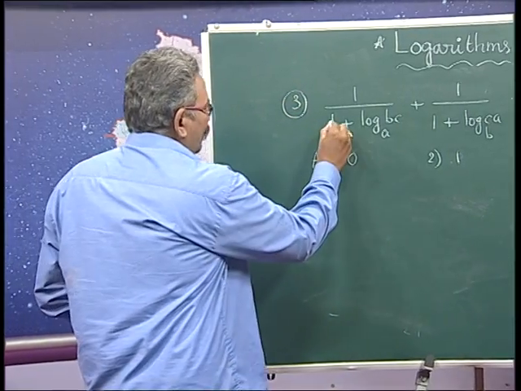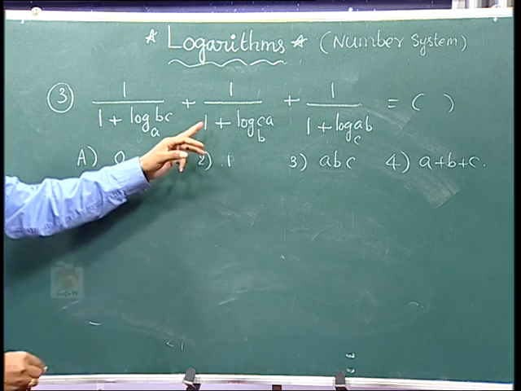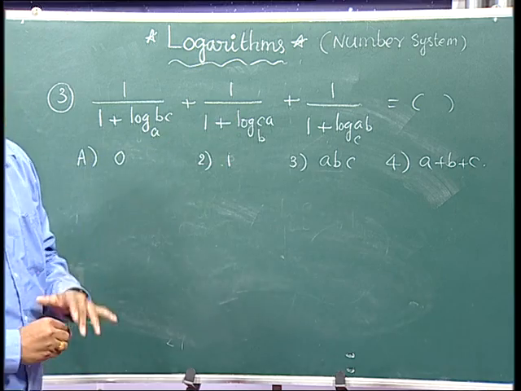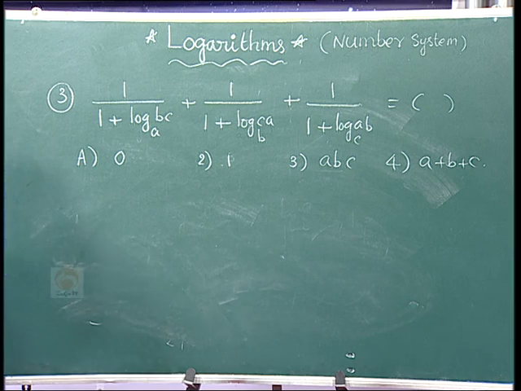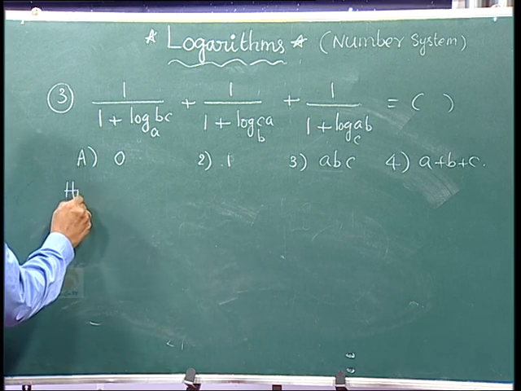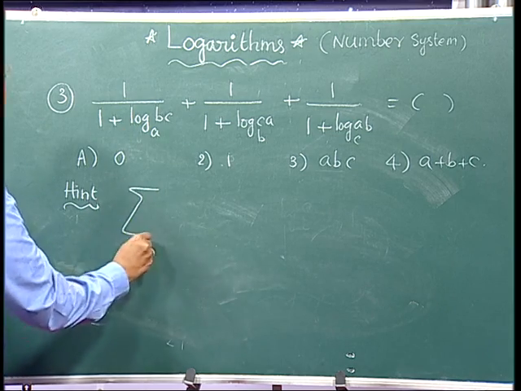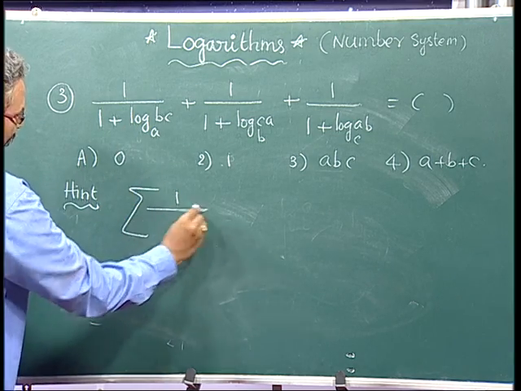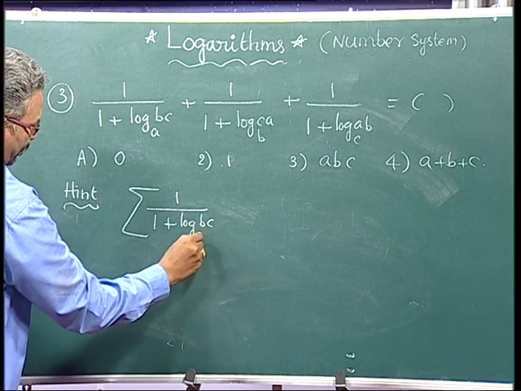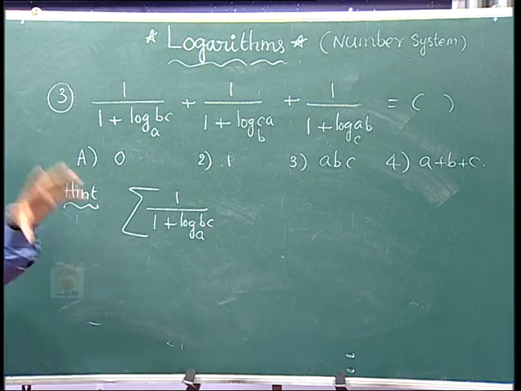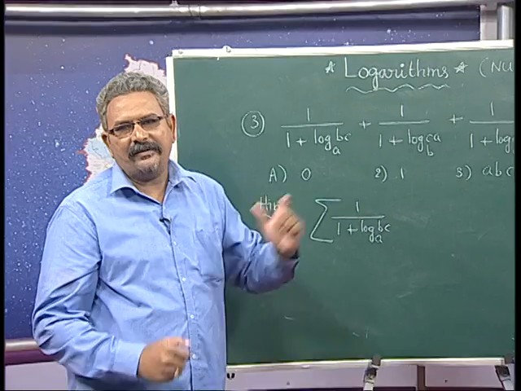Here 1 can be written as log base A, here 1 can be written as log base B, here 1 can be written as log base C. So, now this can be written shortly as sigma 1 by 1 plus log BC to the base A. For our convenience, I have written sigma because all the terms are in cyclic order.